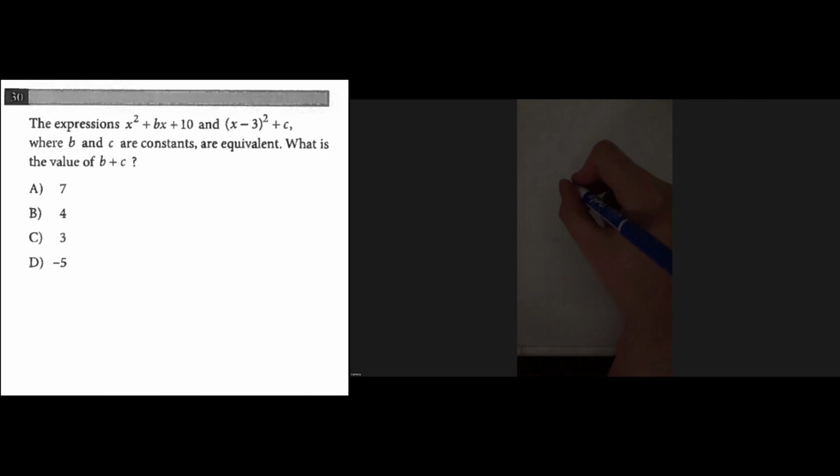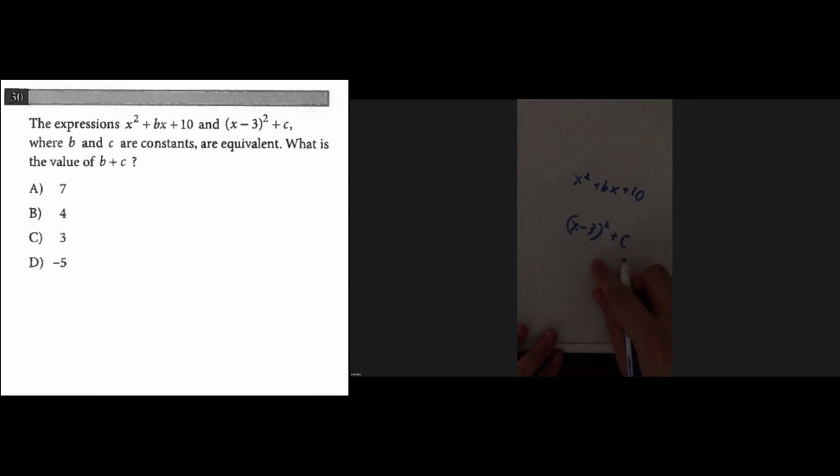Okay, so for question 30, there are two expressions: x squared plus bx plus 10, and the expression (x minus 3) squared plus c. And we have to find what b plus c is. Well, first, let's just make these expressions in the same form. We can do this pretty easily by multiplying this out.